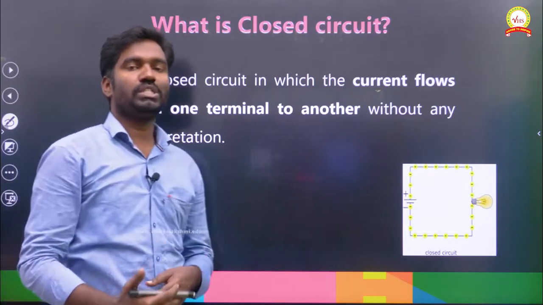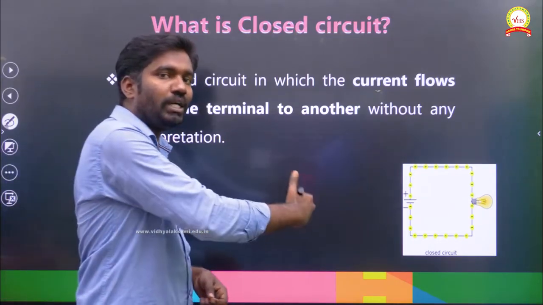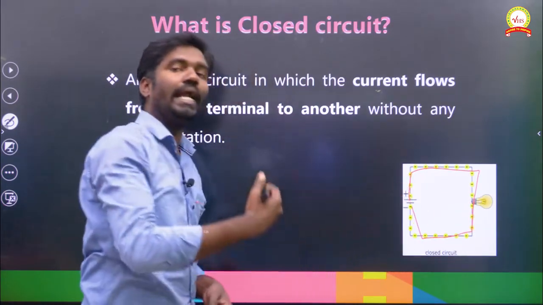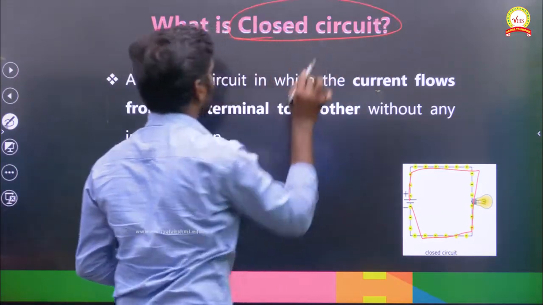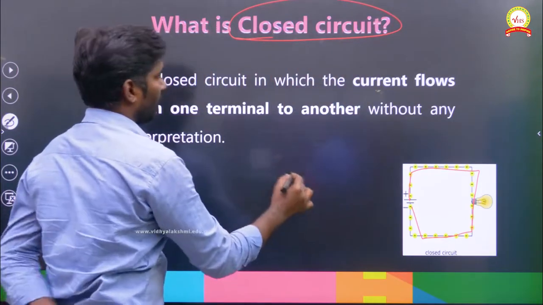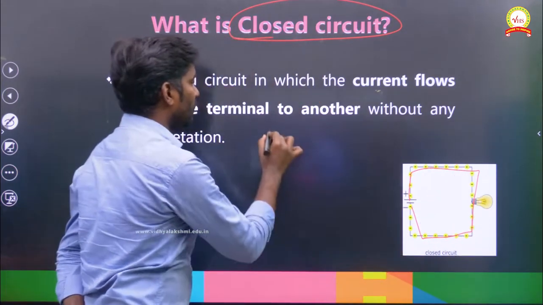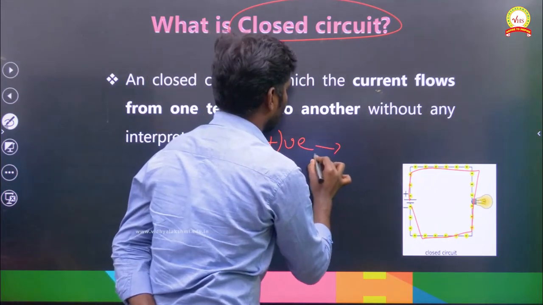Next, closed circuit. What is meant by closed circuit? Whenever the current flows from one terminal to the another terminal without any interruption in the middle, those types of circuit will be called the closed circuit. That means when the current is flowing from the positive to the negative terminal, right?